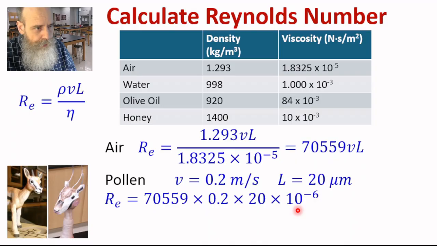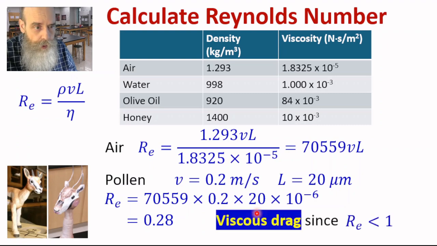Putting in the numbers, 70559 times 0.2 times 20 times 10 to the negative 6 gives us 0.28. This is less than 1. So this is a case of viscous drag. Note, we have a much smaller length for the pollen than we had for the coffee filter. So we had viscous drag for the pollen.